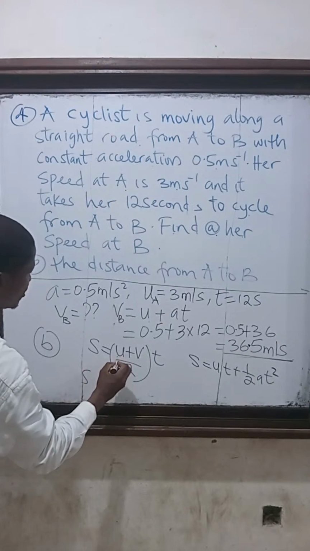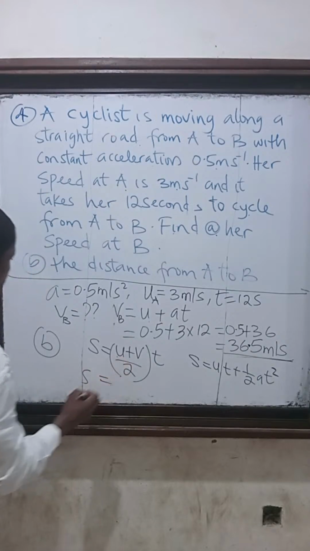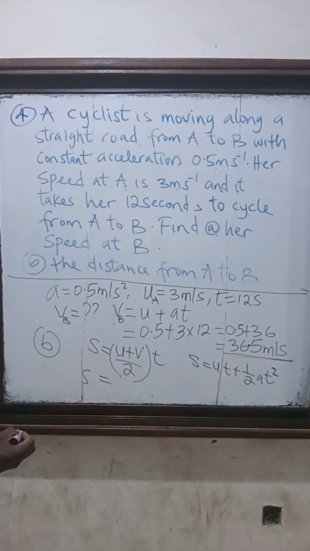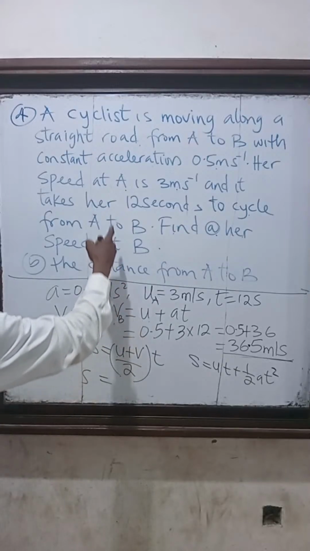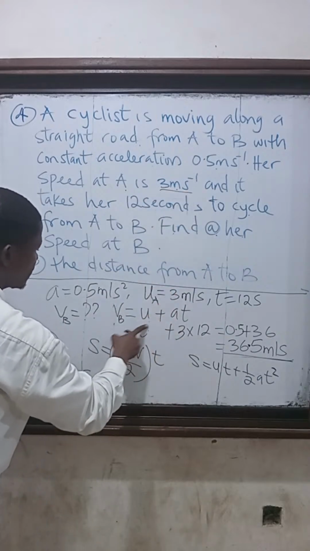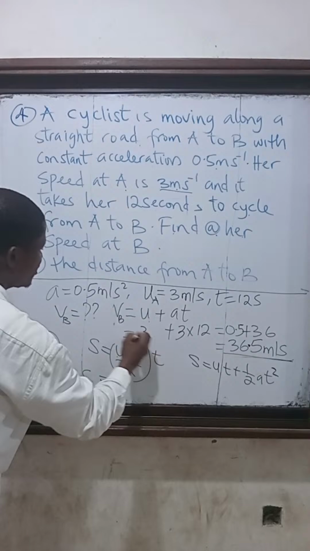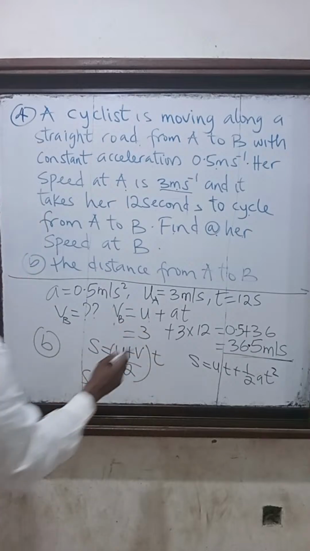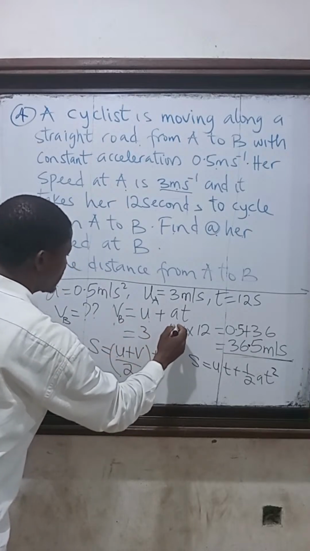Your u is what? My u is speed at A, which is 3. Let's correct this one. U is 3 here, not 0.5.